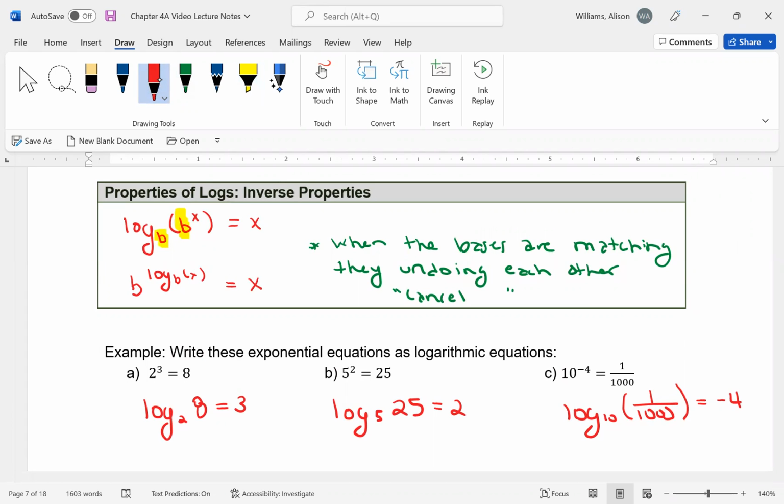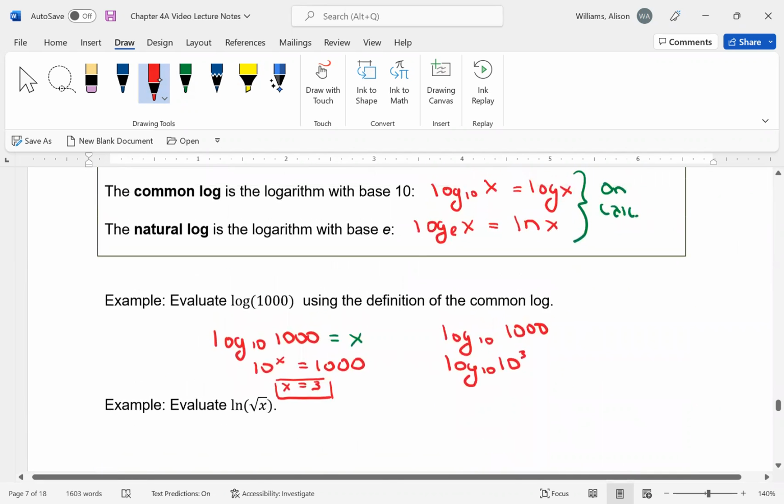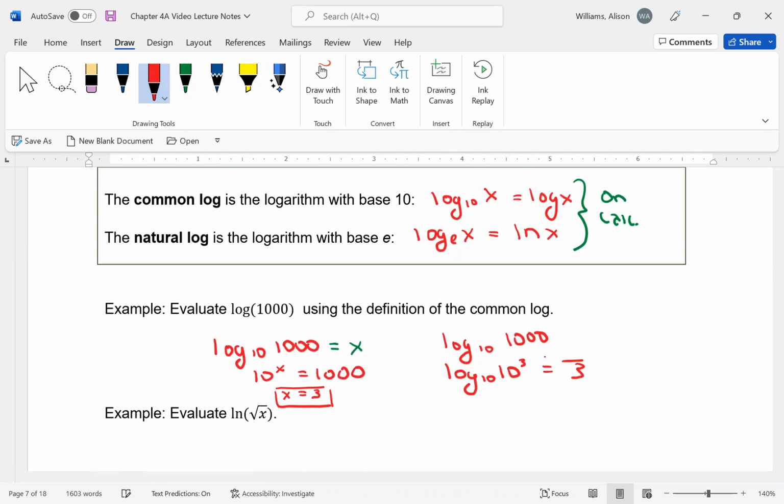So this is going to be 3, which is the same answer I got over here. So these are two ways you could approach the problem. Both of them work. Neither of them is superior. But we weren't allowed to use the calculator only because it said to use the definition. I would, however, take a second, grab your calculator and plug in log of 1,000. And if you do that, you're going to get 3. So just to verify that that's what happens.